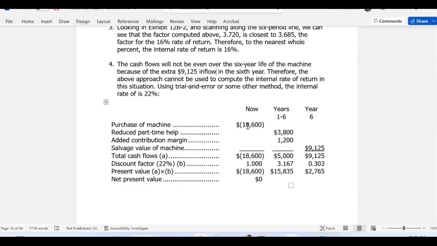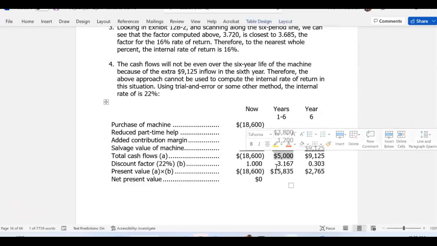So the purchase of the machine is 18,600, right now. And in years 1 through 6, you have reduced part-time help of 3,800. You have added contribution margin of 1,200, and that gives you 5,000. That's a series of payments. You don't know if it's 22% or not.